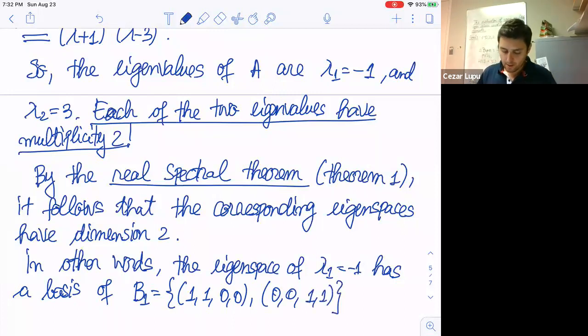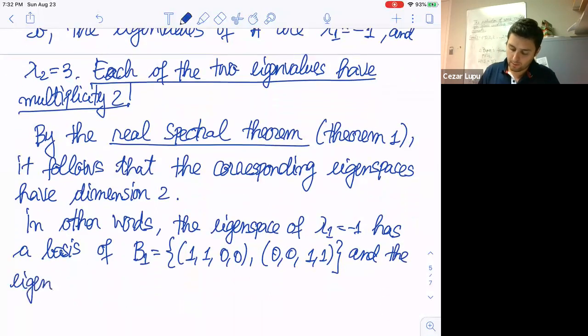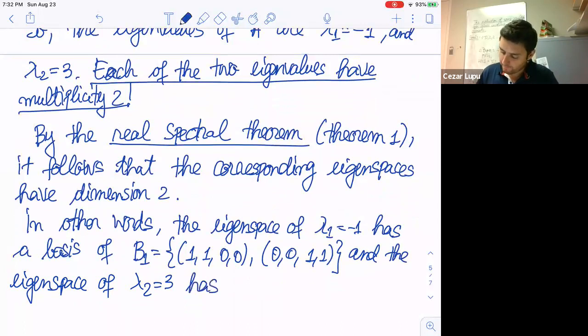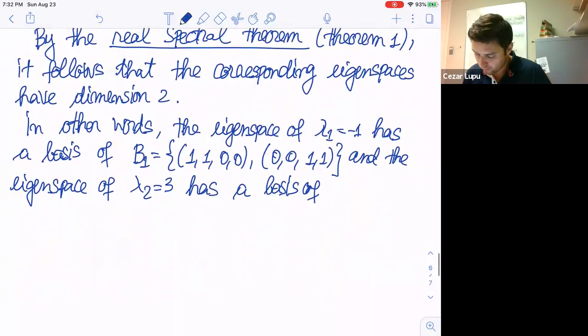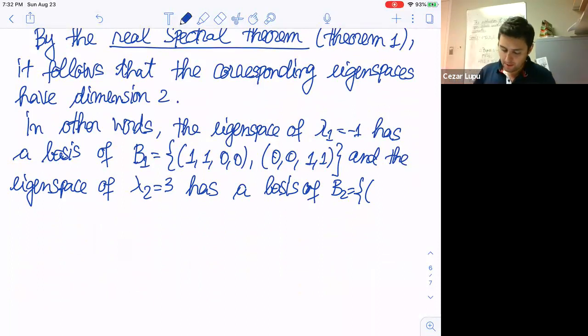And the eigenspace of the second eigenvalue, lambda 2 equals 3, has a basis B2, which will consist of the following: 1, -1, 0, 0, and the second one is 0, 0, 1, -1.